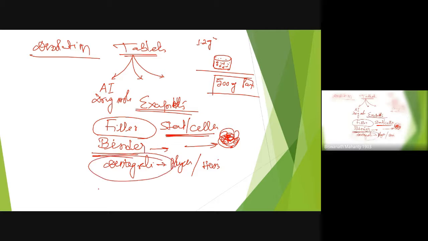There are other ingredients also for preparing tablets, like gliding agents, which will help it move. I definitely have not seen how the tablet is processed in a pharmaceutical industry, but we were having a training, so we know how they really do.